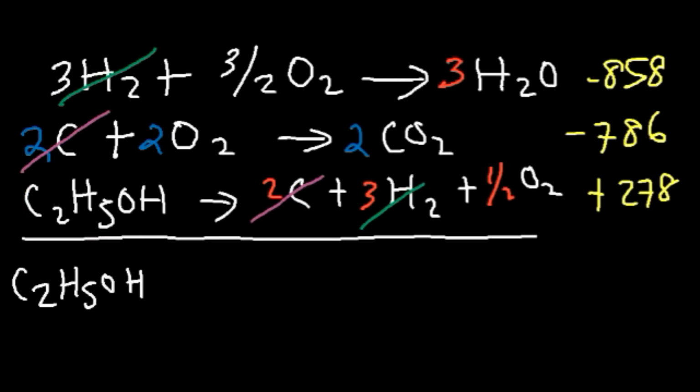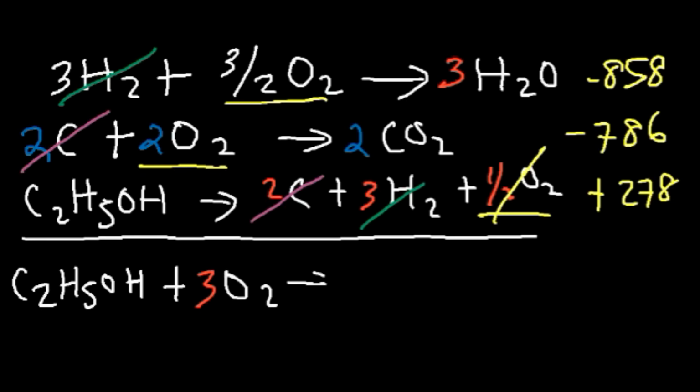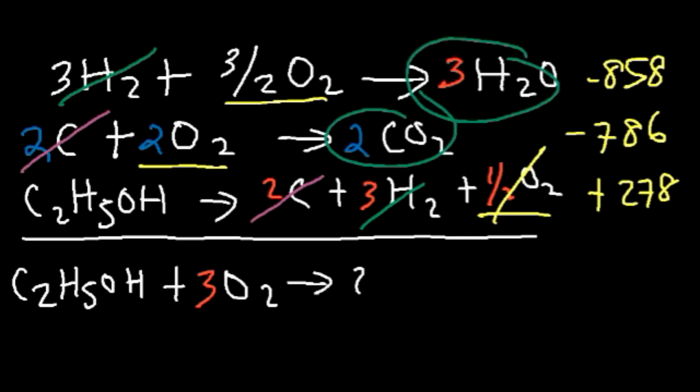Actually this is ethanol, and the half of the oxygen on the right side will cancel, so we will have 3 oxygen on the left side. On the right side, we will simply have 2 carbon and 3 hydrogen.